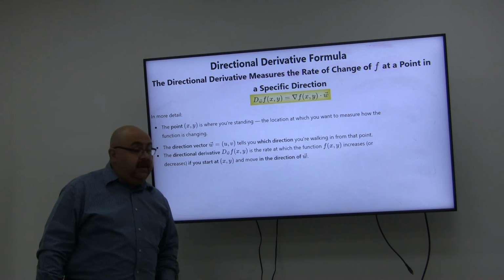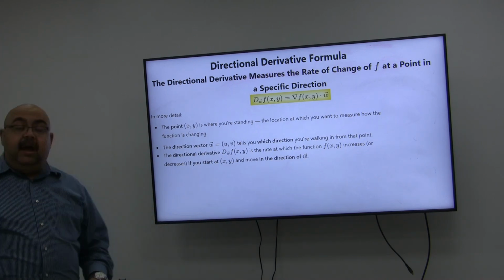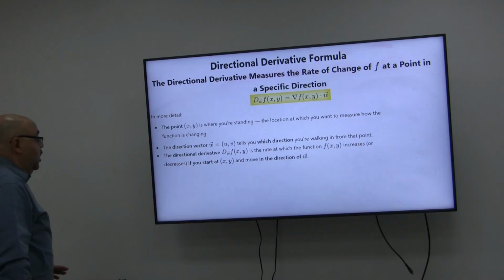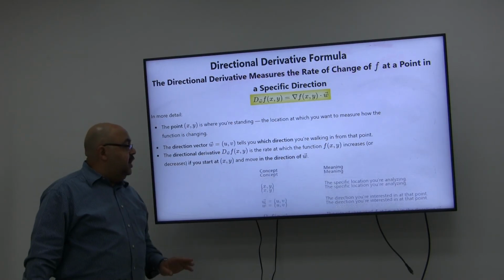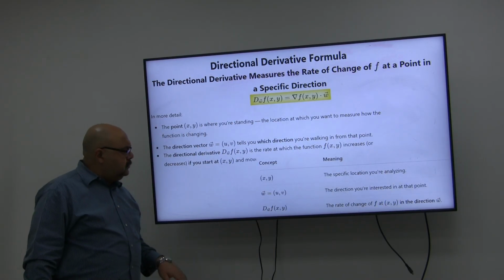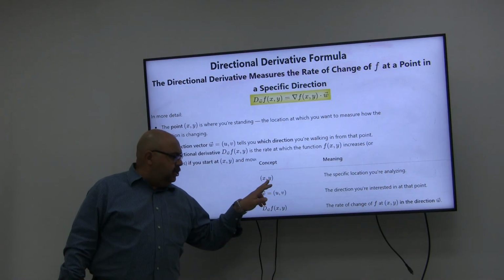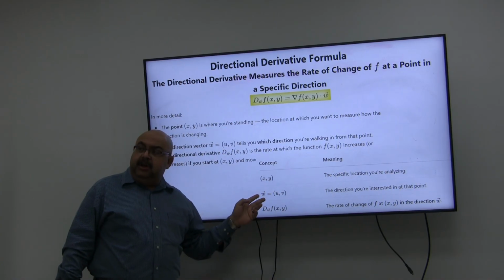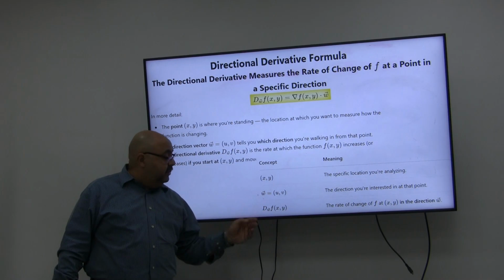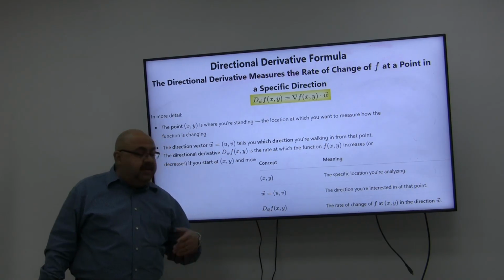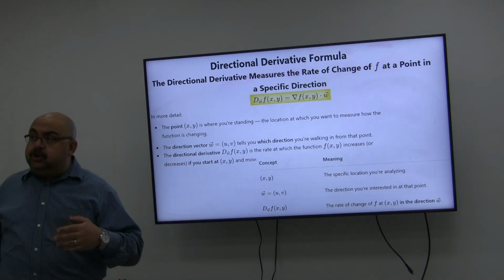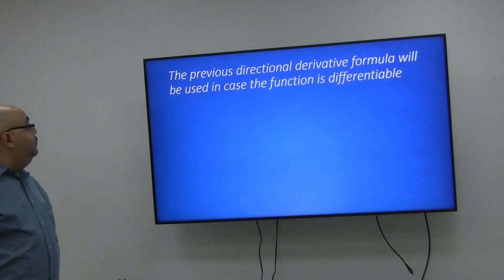That will give me the rate of change of f at x y in the direction of the indicated vector. x y is the specific location, w is the direction in which I need to evaluate the derivative, and D_w f is the rate of change of the function in this direction, as you will see.